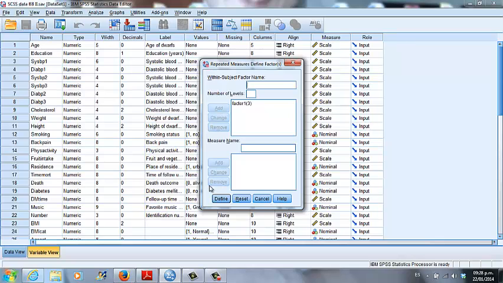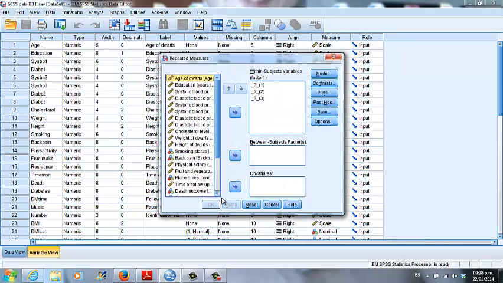The next step will be clicking on define, and we see the usual window we have in SPSS with all the variables to select from on the left side, and on the right side we have the different windows where we can add the variables.